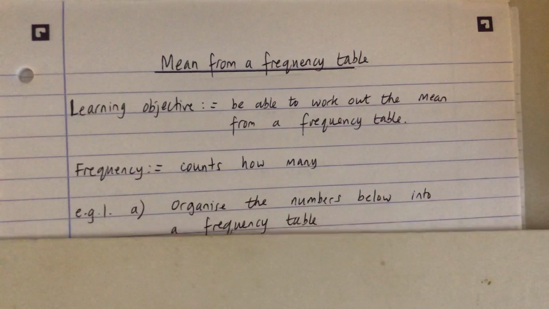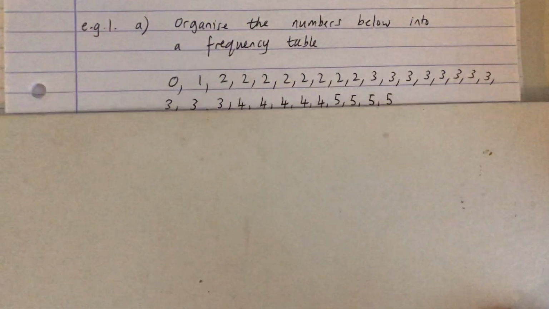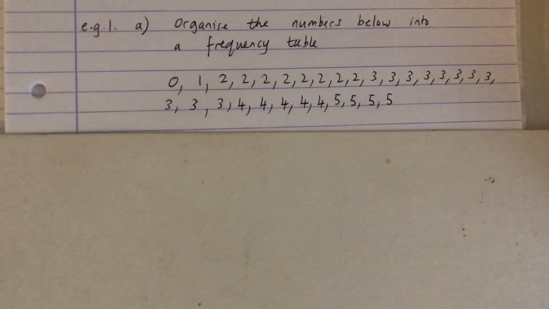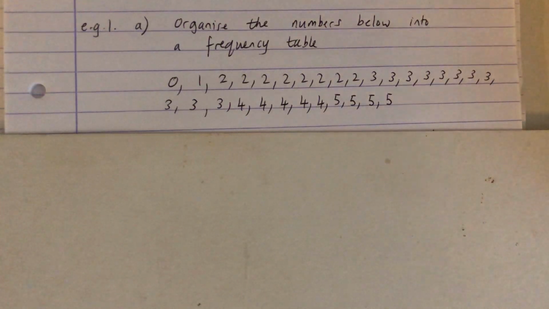Right, straight into an example. Imagine I gave you this list of numbers. Now this list of numbers is actually from a question I set some A-level mathematicians. Now the question was a maths question. It was out of 5 marks, and you could either get 0 marks, 1 mark, 2 marks, 3 marks, 4 marks, or 5 marks.